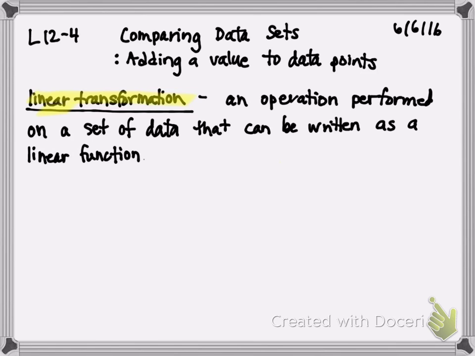So if you remember back to linear functions, those are things that are predictable, that there's a constant rate of change. So I'm going to give you an example, and that example basically is going to encompass what you guys are going to do on homework tonight, okay?